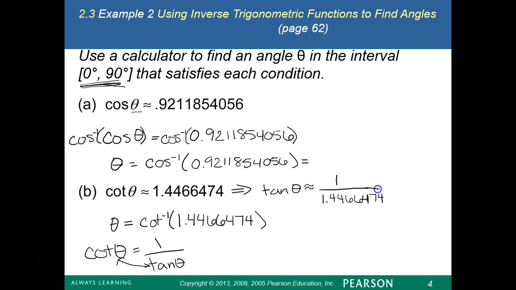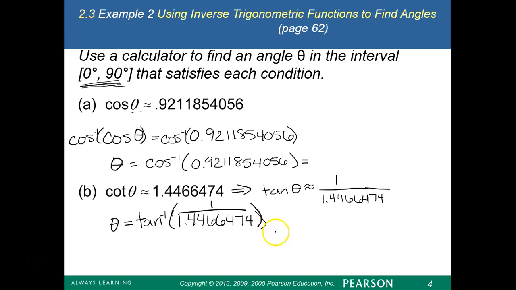And now we find the inverse tangent of, the tangent inverse of 1 over this decimal number.